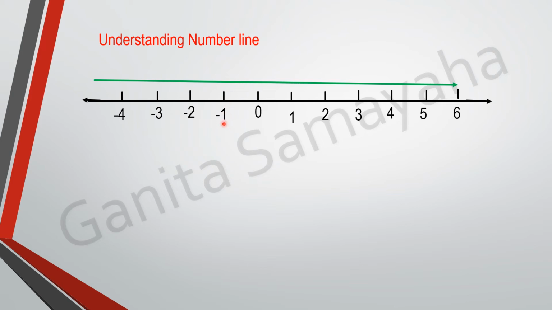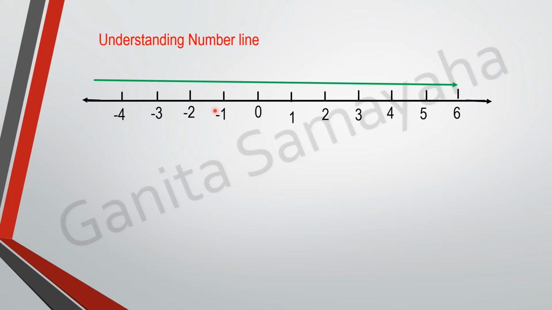See, 1 with a minus sign has got a greater value than 2 with a minus sign. And 1 with a minus sign has a greater value than 1000 with a minus sign. 1000 comes somewhere there. From there it went on increasing and you have come to minus 1.